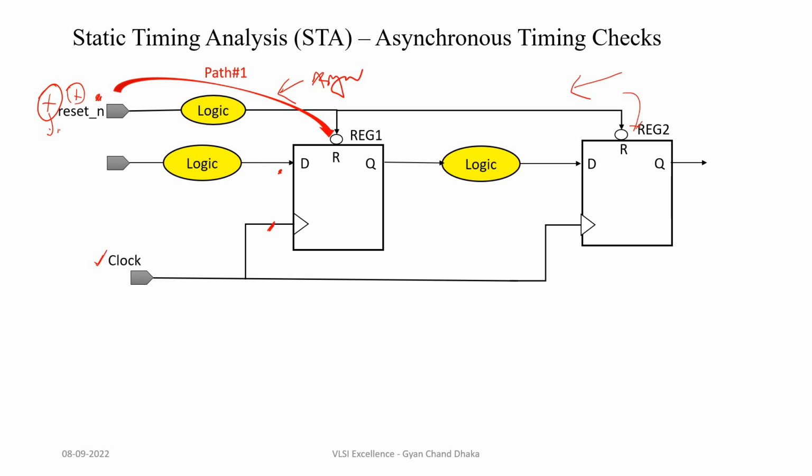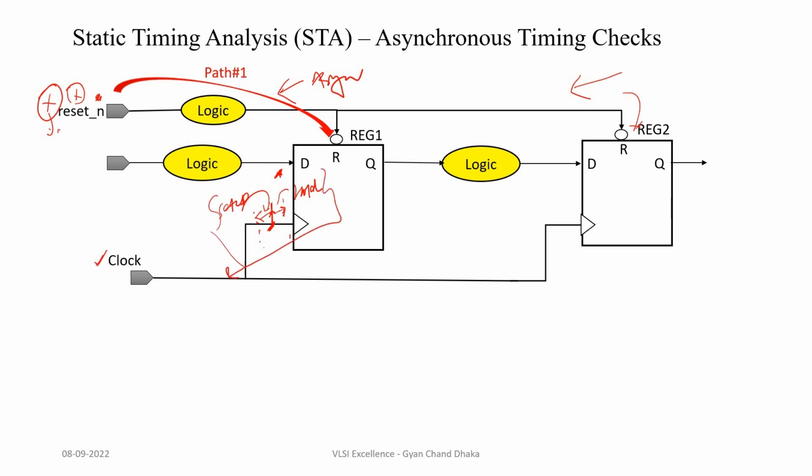And similarly, for the hold timing check, the data at the input pin of the flip-flop should be stable for some time after the active clock edge. So if this is the active clock edge, then the data should be stable for some time before this clock edge, and it should be stable for some time after this clock edge. This is nothing but setup time, and this is nothing but hold time.